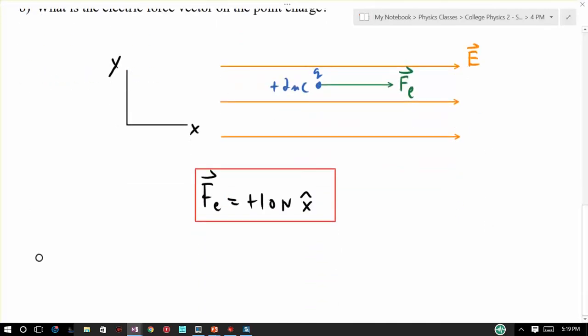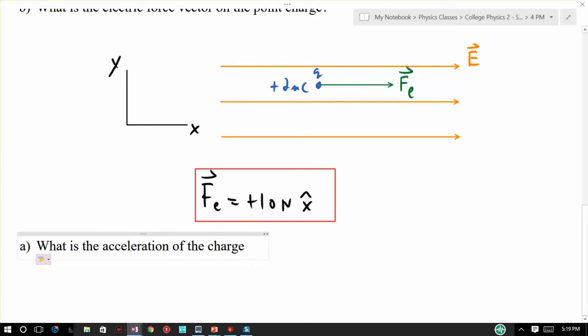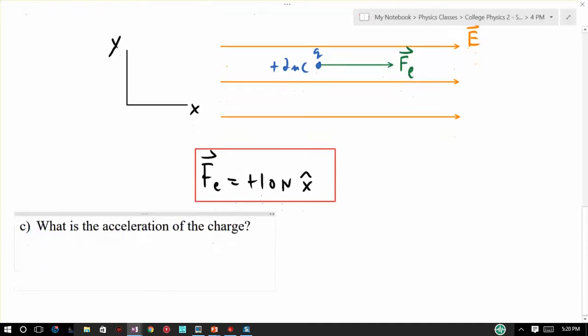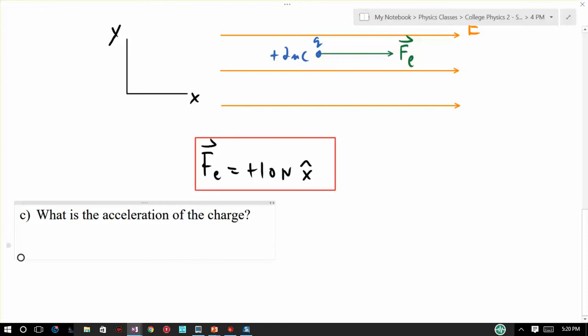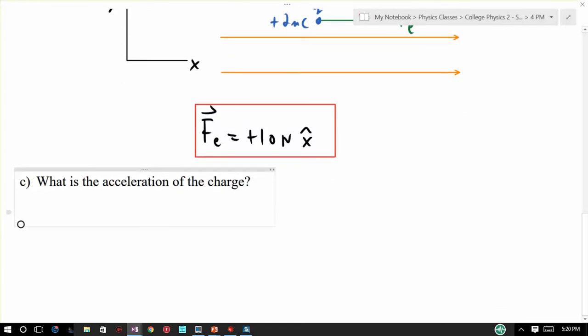All right, the next part is: what is the acceleration of the charge? All right, so whenever you ask for, I don't know why I said that's part C. Right, it's part C, not A. But anyhow, whenever you're trying to find the acceleration, you know the force, which is what we just found.